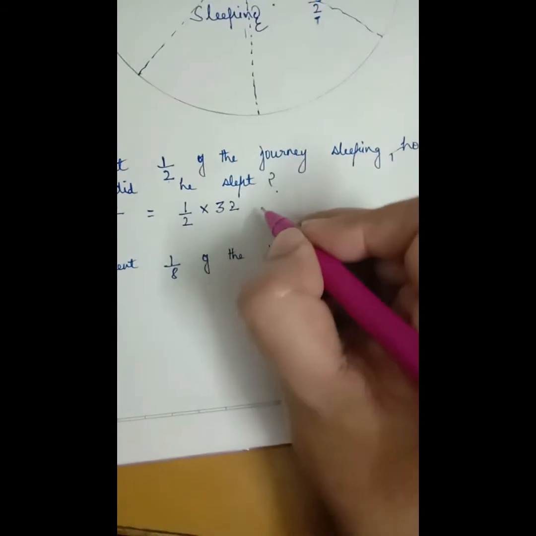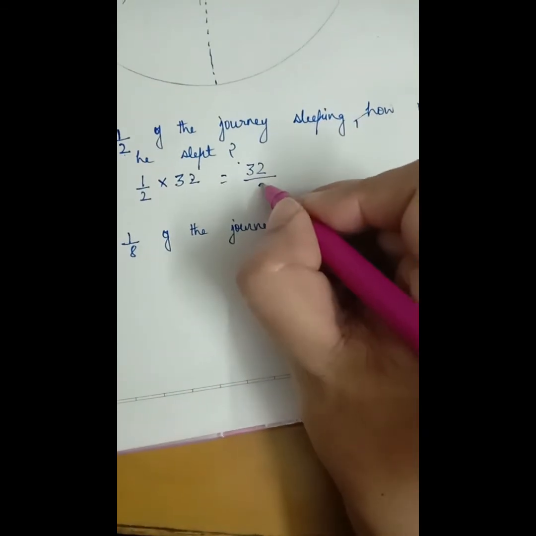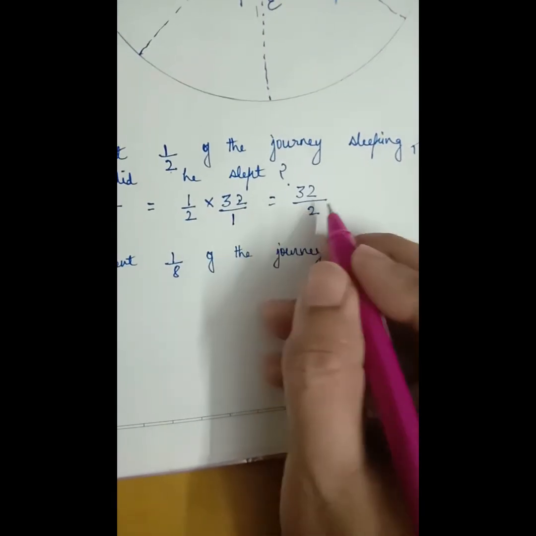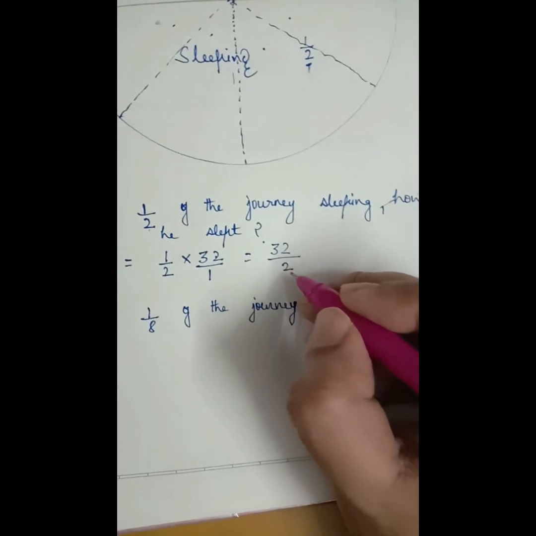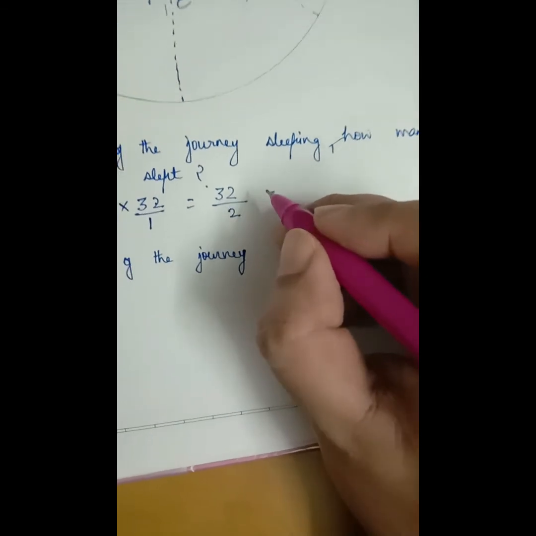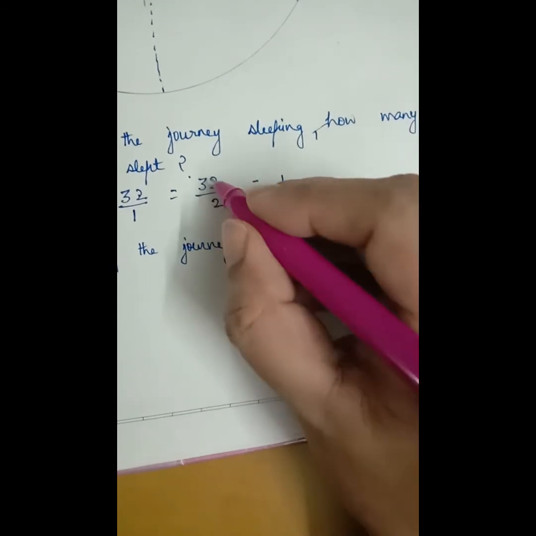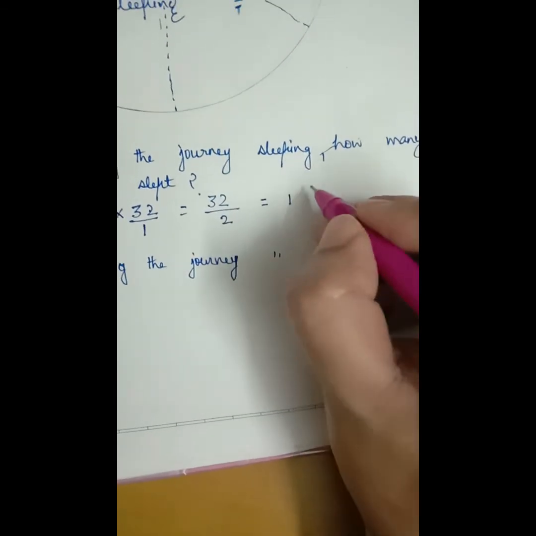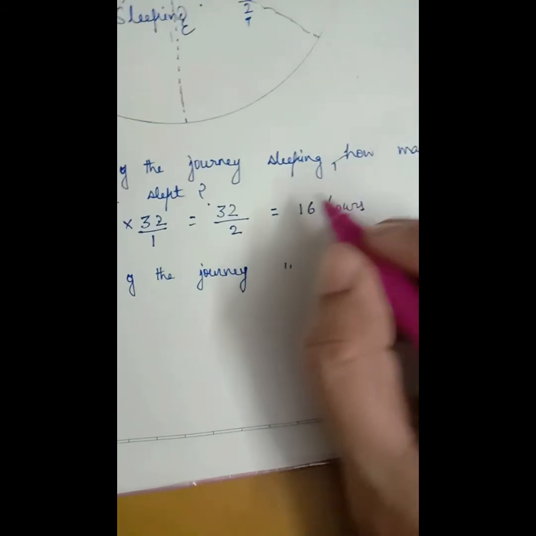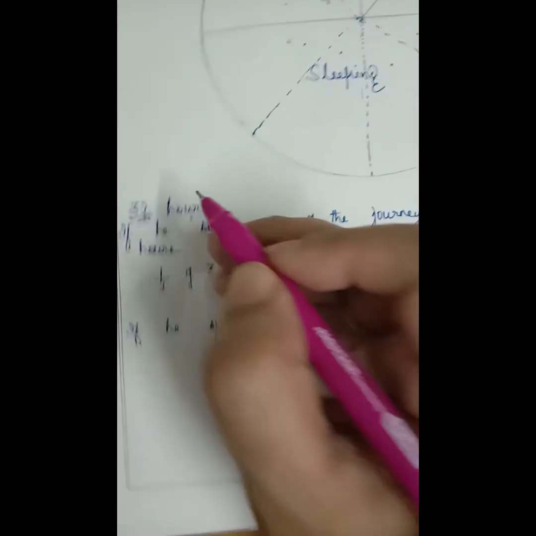Now 32 ones are 32 and divided by the denominator 2, because here there is no denominator, that means it is 1. 2 ones are 2. Now 32 divided by 2. If you know the direct answer, you can write it. If you don't know, then solve it in rough. 2 ones are 2. 1 will be the remainder and then 2 sixes are 12. So he spent 16 hours sleeping when his journey was 32 hours long.